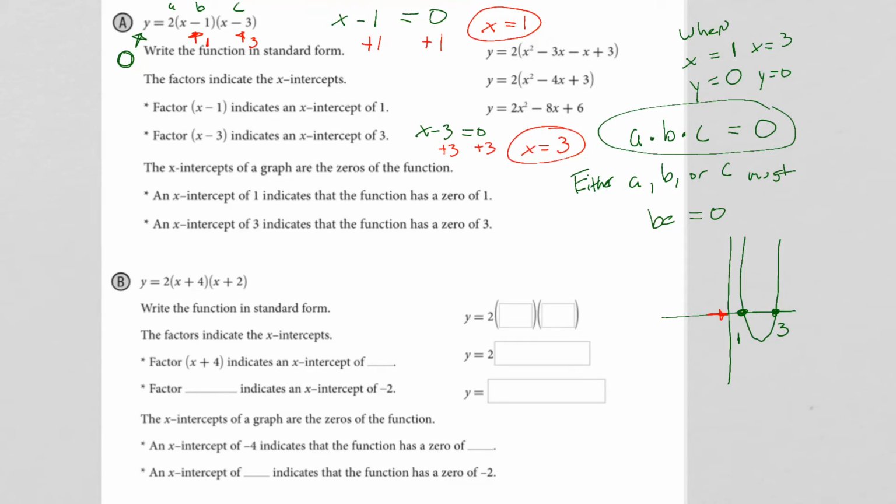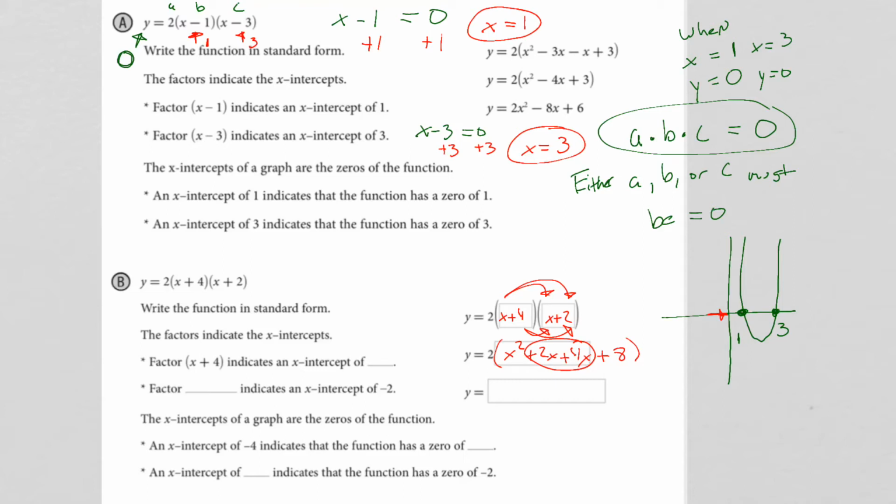So if we're eventually trying to get this into standard form, right, here's what we have. And we have to multiply this out, right? So we have essentially x squared plus 2x plus 4x plus 4 times 2 is 8, right? And these will combine right here to be 6x.